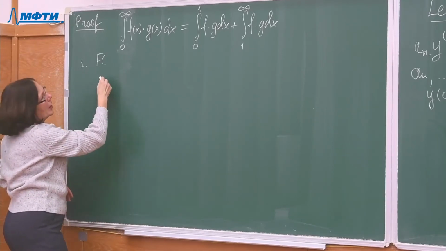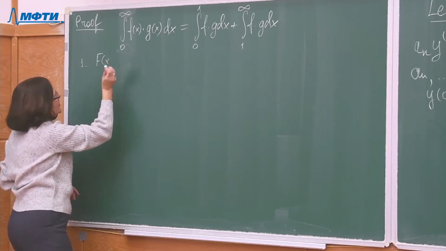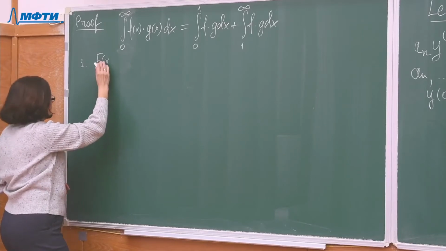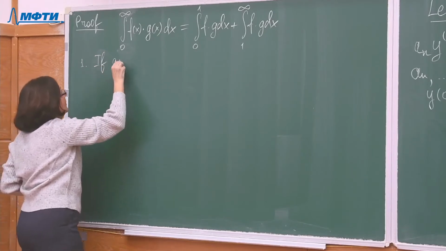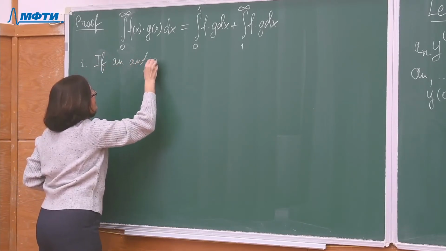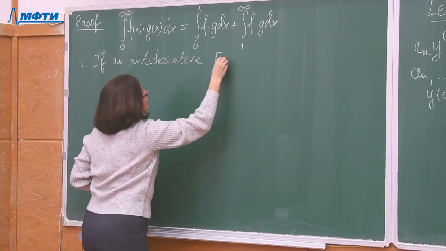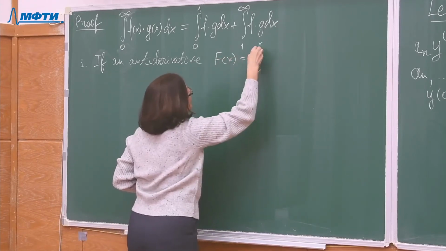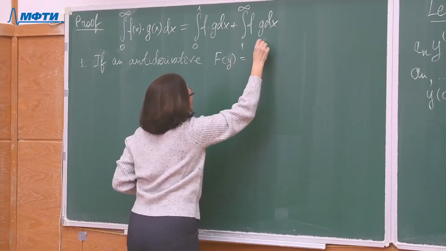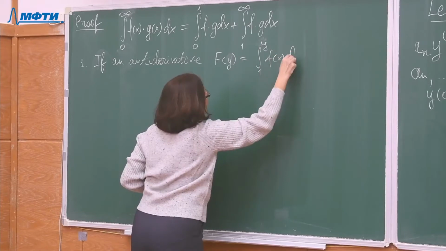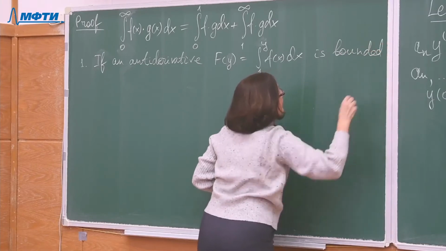Okay, so we know that if a primitive or antiderivative F of x, which is equal to the integral from 1 to x of f of y dy, is bounded, right? Bounded.